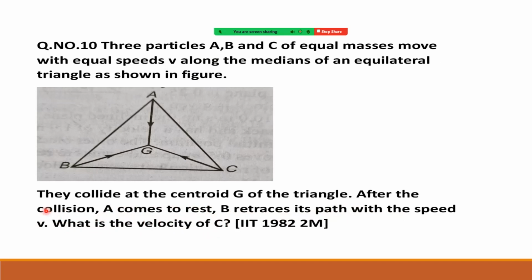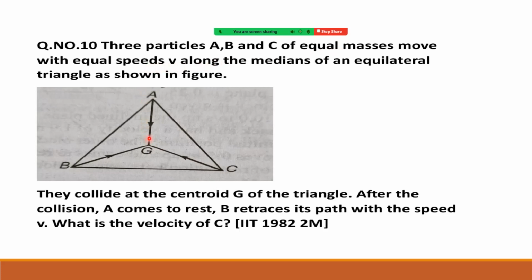Students, here the concept of collision is not required. Directly we can solve by using momentum conservation. See, equal masses, equal speeds. If you see carefully, this vector, this vector, and this vector, all three vectors have the same magnitude because of equal masses and equal speeds.